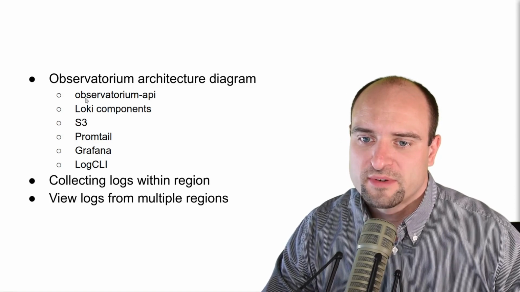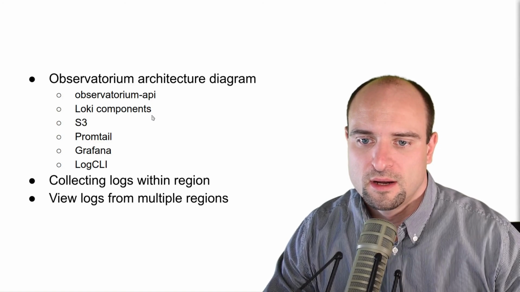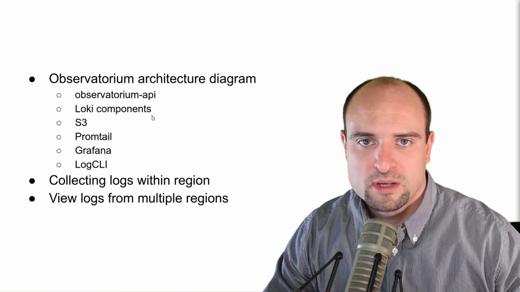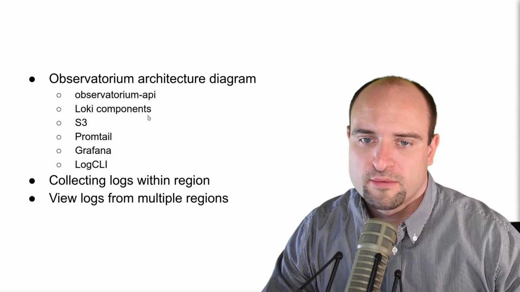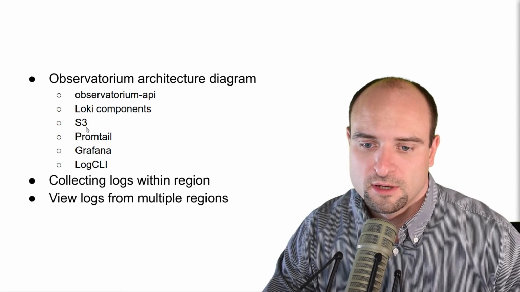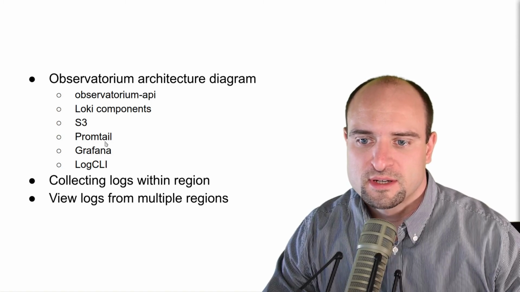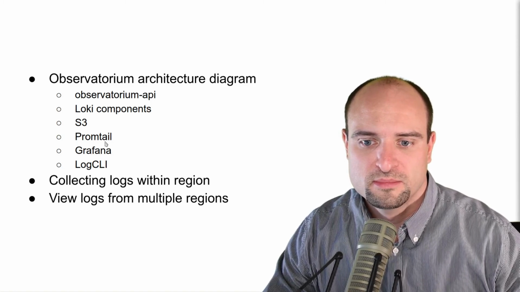We have seen that Observatorium deploys several components from the Loki project. Loki components are the ones which process the logs, and the logs are stored for the long term in an S3 bucket.